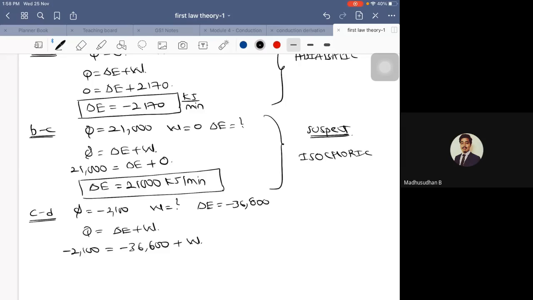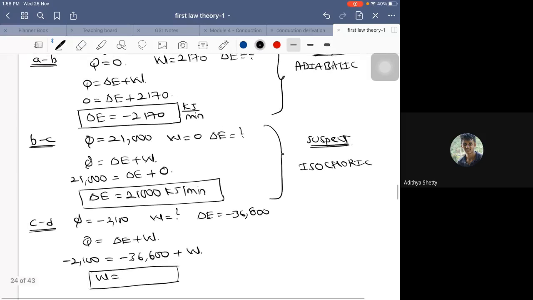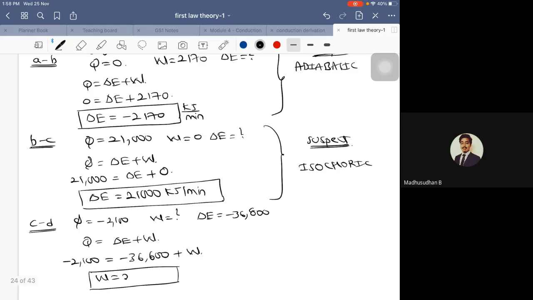Just calculate and give me the value of W. 34,500 kilojoules per minute is the value.